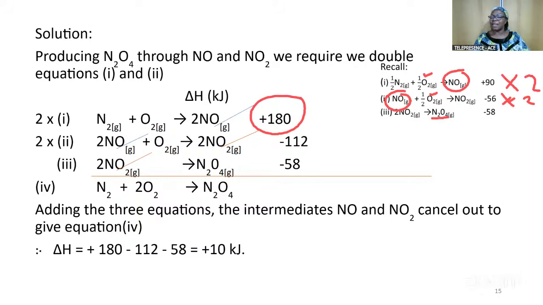So from 90, we now have 180. For the second step, we are multiplying it by 2. So this will also become 112 while we double the coefficient of the reaction. This one will be fine because we want to maintain the step. We don't need to change anything. So since we have written it out in this form, all we need to do is to sum steps 1, 2, and 3.